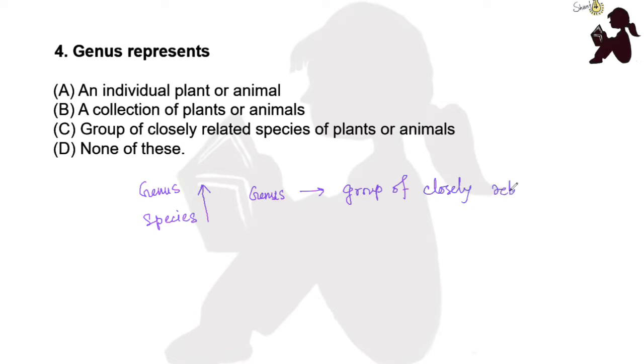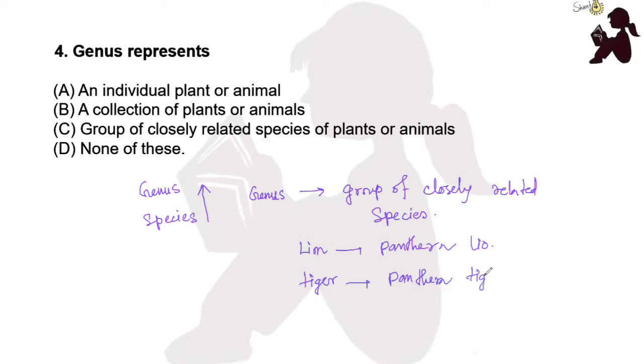For example, the scientific name of lion is Panthera leo, and the scientific name of tiger is Panthera tigris. Here leo and tigris are the names of the species, and Panthera is the genus.